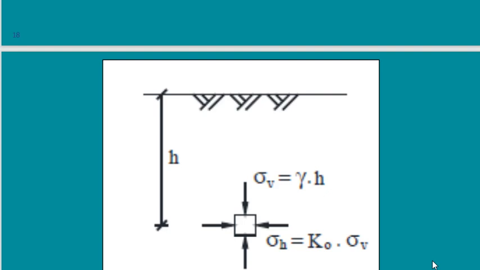The other thing: you all know that in any column carrying vertical load, you put vertical bars. But why do you put stirrups? Don't tell me it is to keep the vertical reinforcement in place, because I could just put one at the bottom, one at the top, one in the middle, and this is enough.